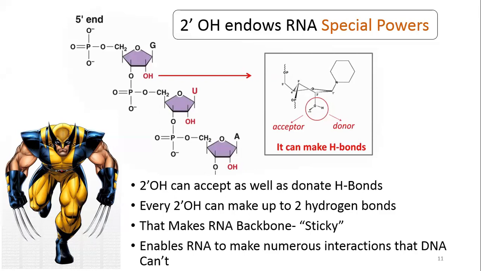This sticky nature, endowed by the hydroxyl group, enables your RNA to make numerous interactions that DNA cannot make. DNA does not have a hydroxyl group there, therefore it is not sticky, and hence it cannot interact with various chemical groups that are present in its vicinity.